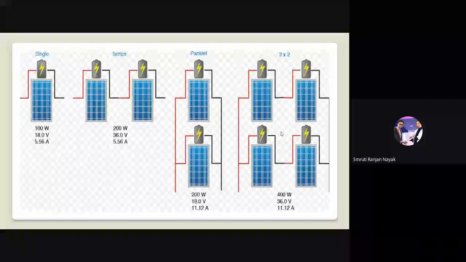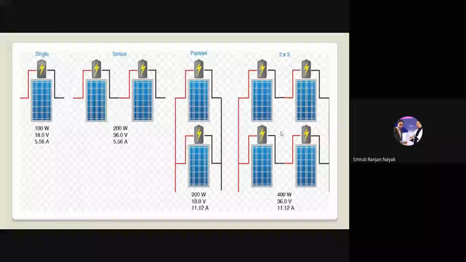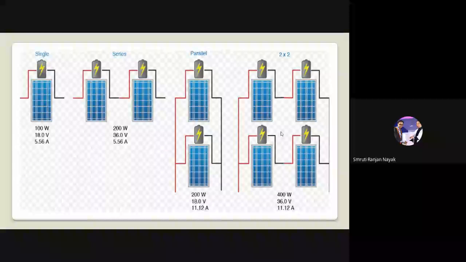So in this connection, you must know the series and parallel combinations of batteries as well as the panels. And in the next class, I will explain how much minimum current and how much minimum voltage are required to charge how many batteries that can be connected in series and parallel. It is a formula.